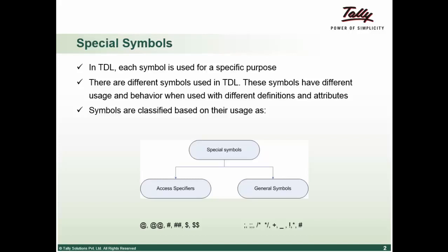Some special symbols are used as access specifiers and are mainly used for accessing the value of a method or a variable, field, formula, and some are for general purposes like giving a comment or adding or subtracting. So we have two categories: access specifiers and general symbols.